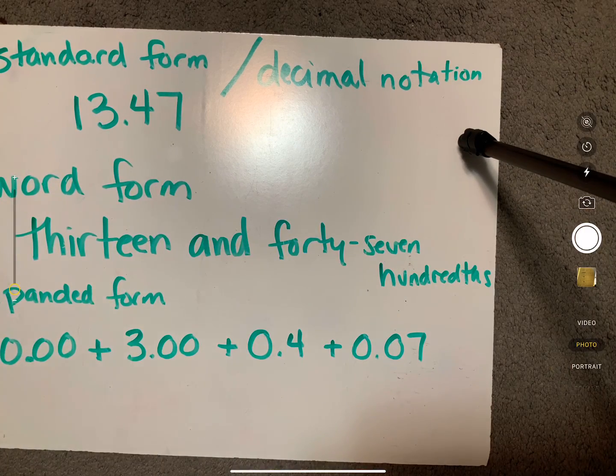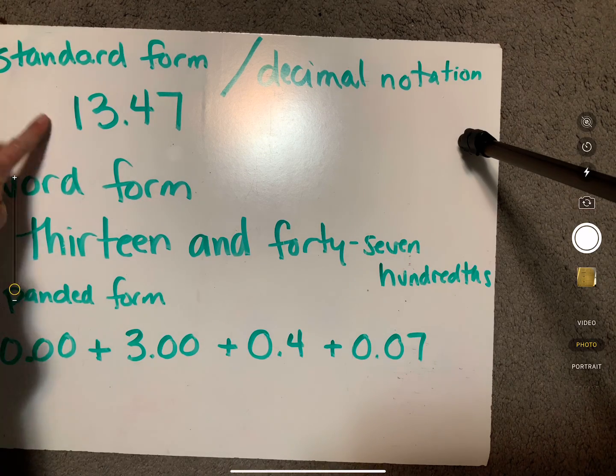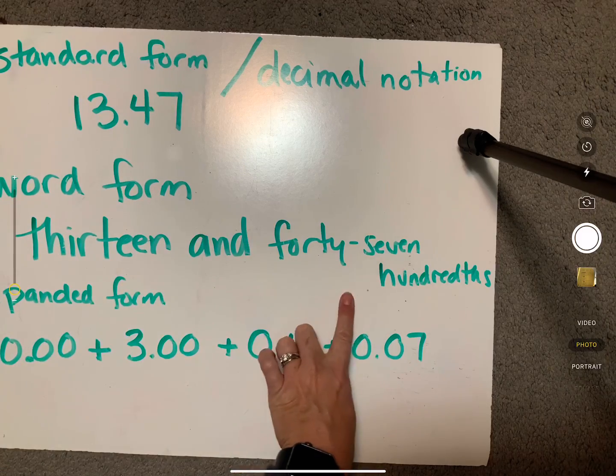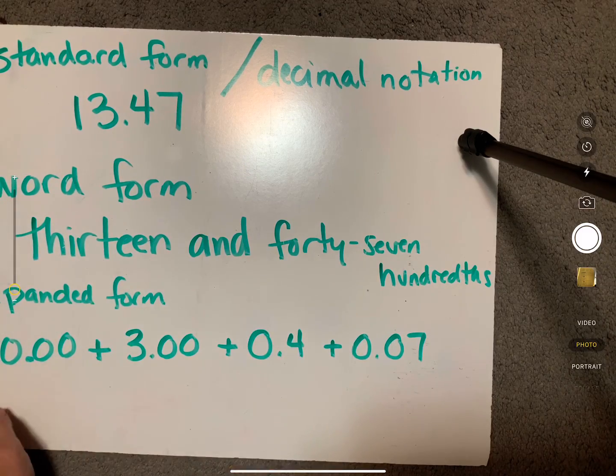For what we're doing in classwork, standard form is going to be important, word form is going to be important, and expanded form is also going to be important. In some cases, they're going to say, please write each number in standard form, and it's going to have it in word form, or in expanded form.